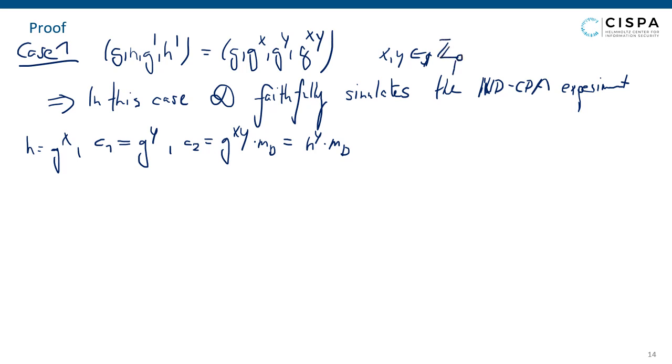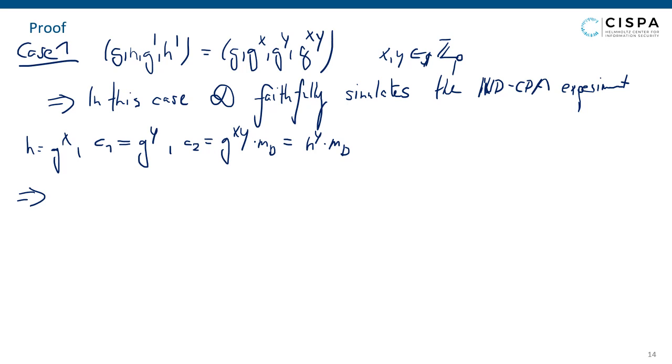So in this case, if the input of the distinguisher was of this form G to the X, G to the Y, G to the XY, then our distinguisher faithfully simulates the INCPA experiment. That is, both the public key and the challenge ciphertext have the same distribution as in the INCPA experiment.